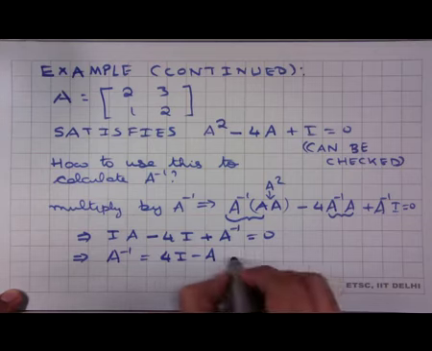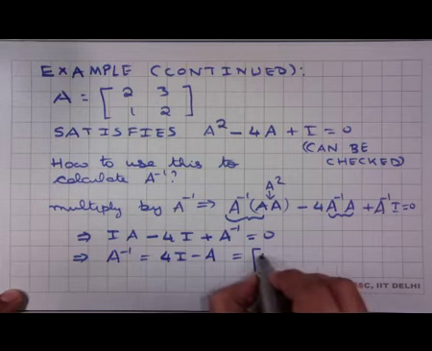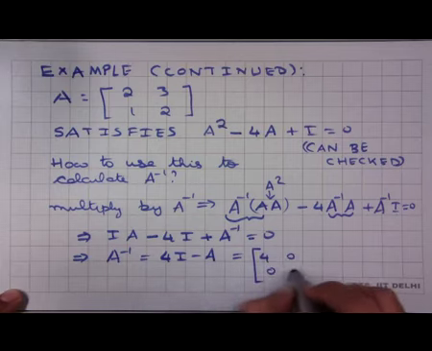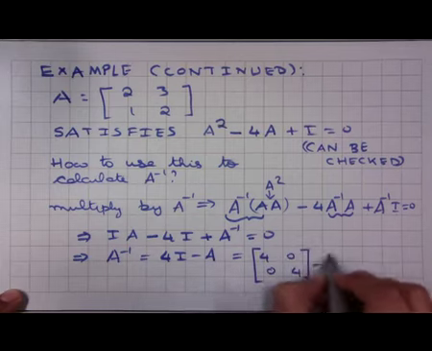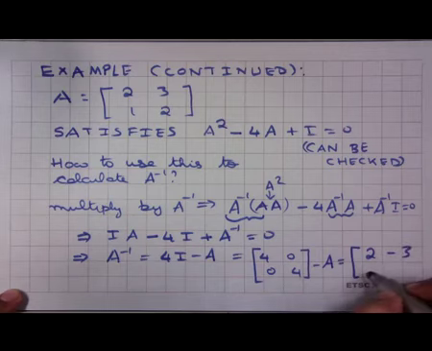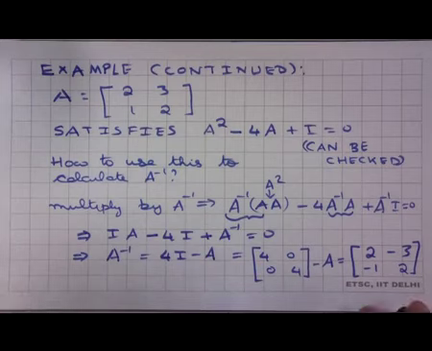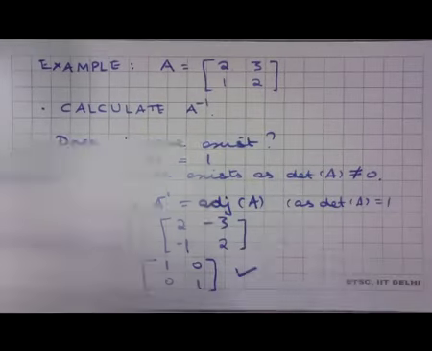So, let us see whether this gives you the inverse. 4I will just have 4 0 0 4 minus A, and A is written here. So, this will be 2 minus 3, minus 1 and 2, and we can check from what we were doing before that this 2 minus 3, minus 1 2 is the same as what we have got here.